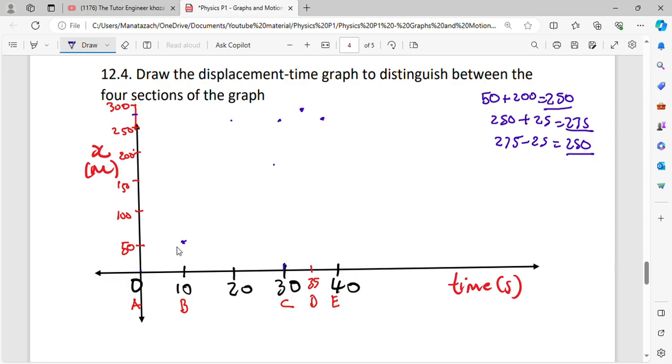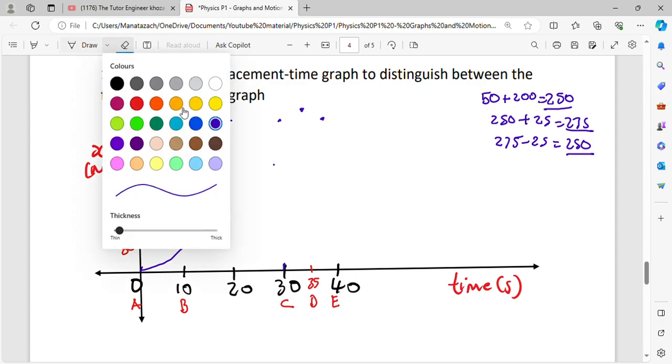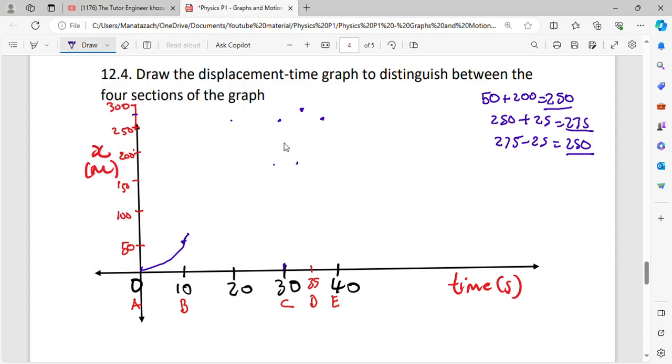It's going to be a curve, something like that. It's not really a straight line. Since the velocity between 10 and 30 was constant, straight horizontal line, so this one will be a straight line. Oh, wait a minute, this is not the correct point. Let's wipe off this line. We're going there, right? In fact, let's start from there.